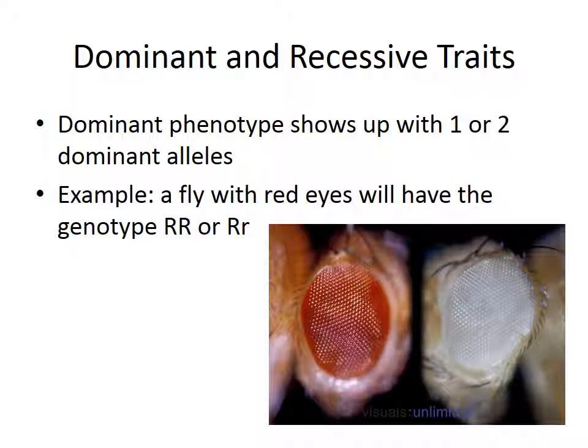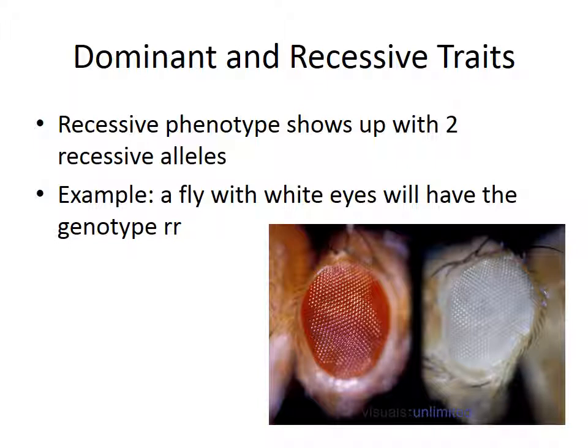And a fly with red eyes is going to have the genotype of either big R, big R, representing two alleles that code for red eyes, or it will have the genotype of big R, little r, which means that they have one allele that codes for red eyes and one allele that codes for white eyes, but the phenotype that we see, or the visible trait, is still red eyes.